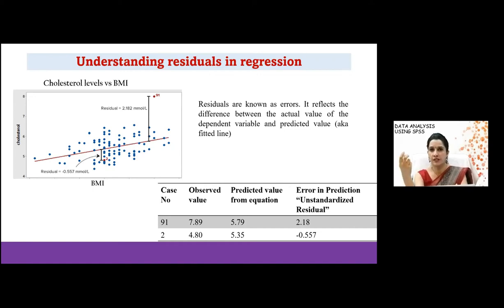With this 3 and the predicted value from the equation, if you deduct and divide with the standard deviation, it will give you the standardized residual. And the unstandardized is the raw one. It is just the difference between the predicted and the observed. Because in the unstandardized, the unit will be different.